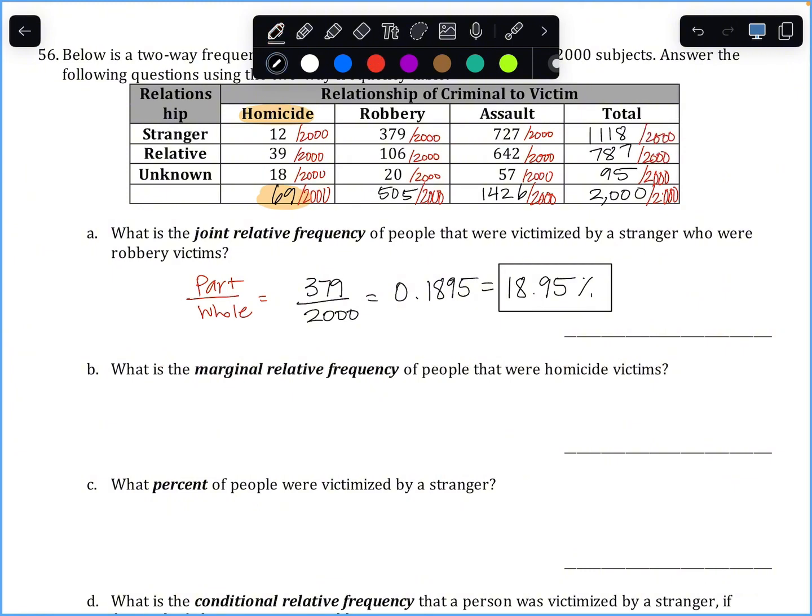So therefore we have 69 over 2,000. What did you get? 0.0345, and then I'm going to turn it into a percent. It's 3.45% approximately.